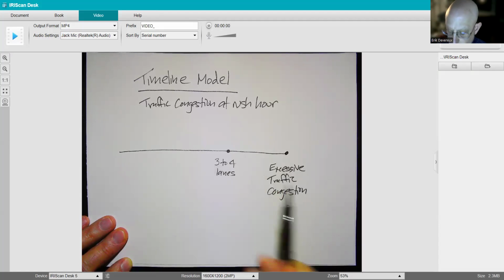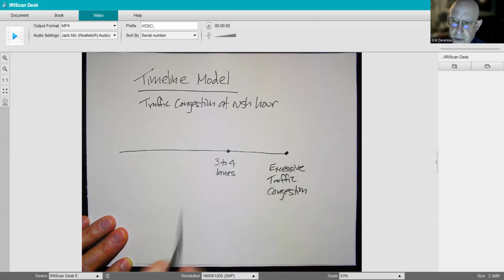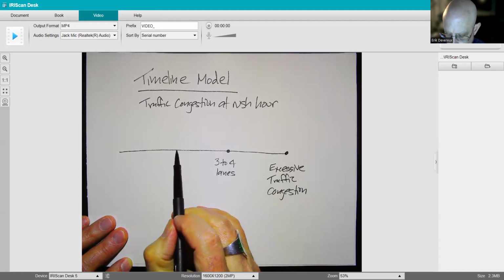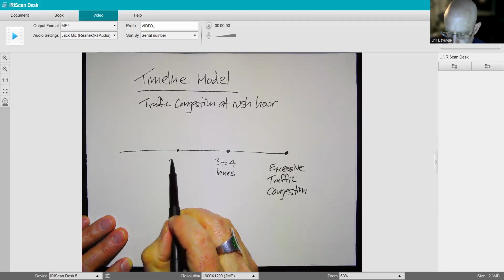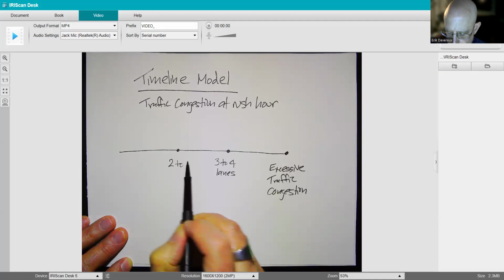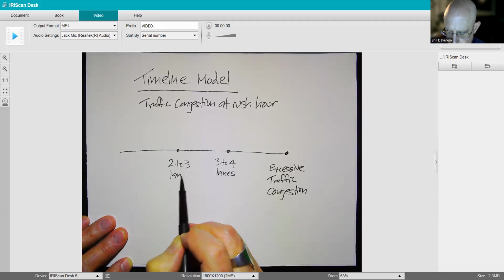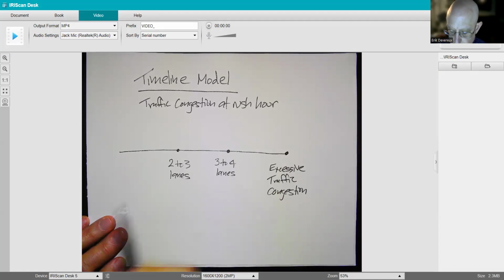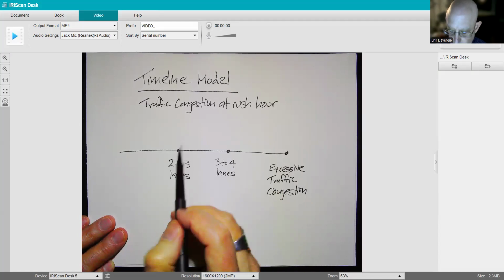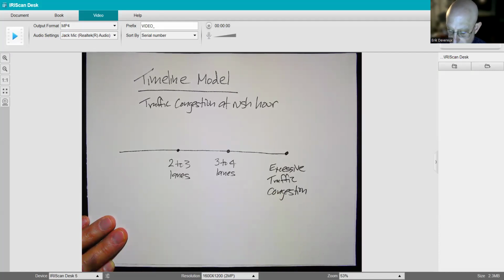And this was because there was considered to be excessive traffic at that time. But if we look back far enough, we can find that we went from 2 to 3 lanes. And this might have been actually sort of when the highway was constructed. So we went from 2 to 3 lanes, we got excessive traffic. We went from 3 to 4 lanes, we got excessive traffic.